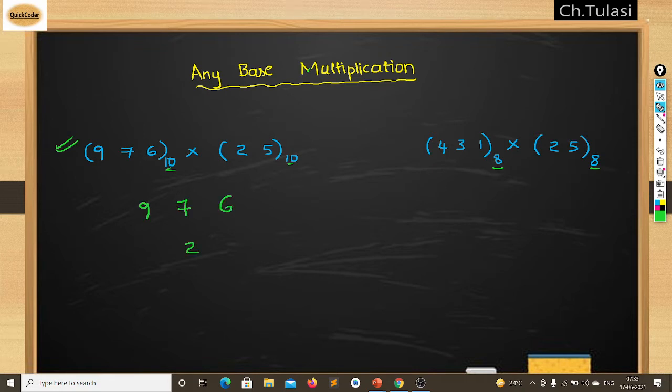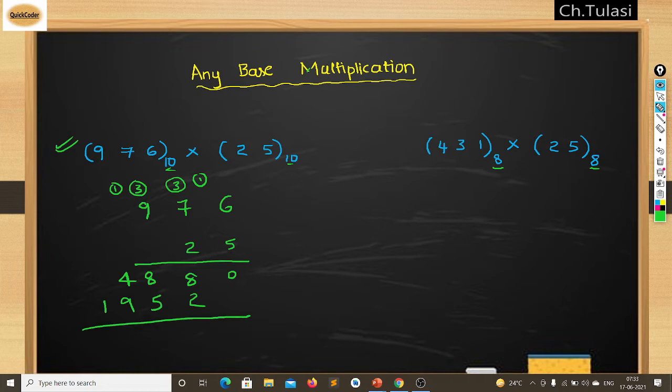976 times 25. 6 fives are 30, 3 is carry. 7 fives are 35, 35 plus 3 is 38, 3 is carry. 9 fives are 45, 45 plus 3 is 48. 2 sixes are 12, 1 is carry. 2 sevens are 14, 14 plus 1 is 15, 1 is carry. 9 twos are 18, 18 plus 1 is 19.